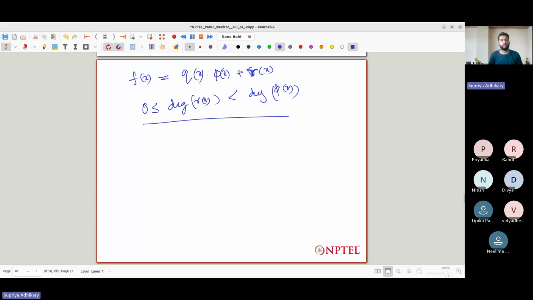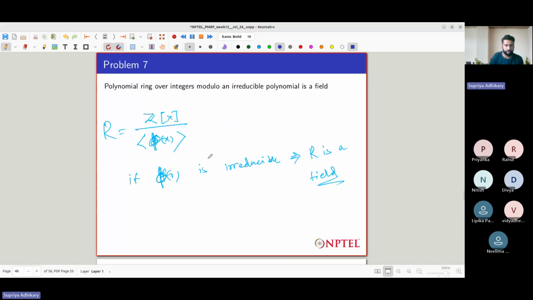Yes. So this is the condition. So for any f(x) in Z[x], we can have this, and since we can write f(x) in this form, this r(x) polynomial is basically the element in this ring R. So r(x) is the polynomial in this ring R. So this is how the modulo ring, this quotient ring, is defined basically.